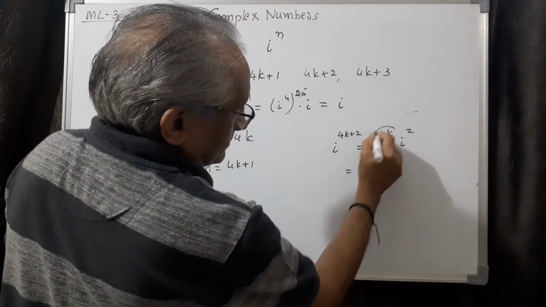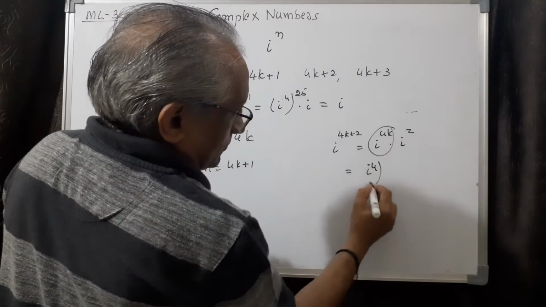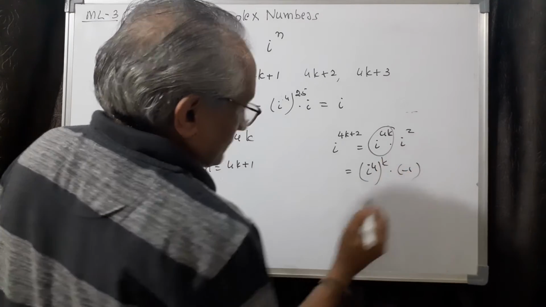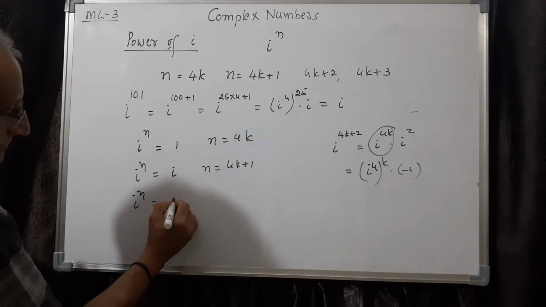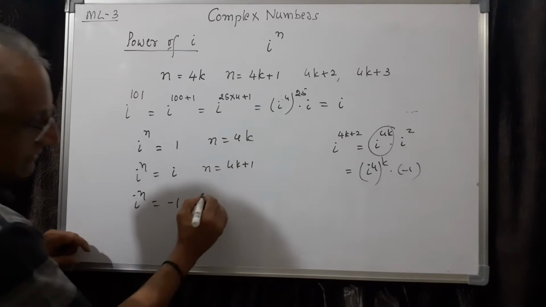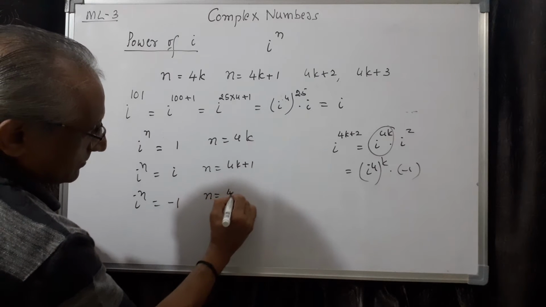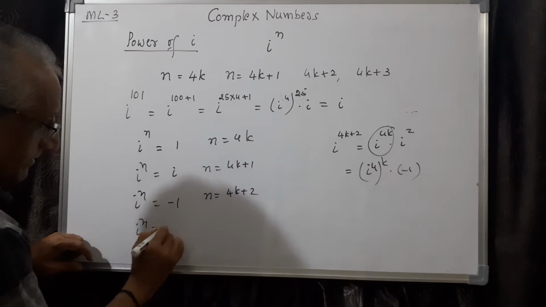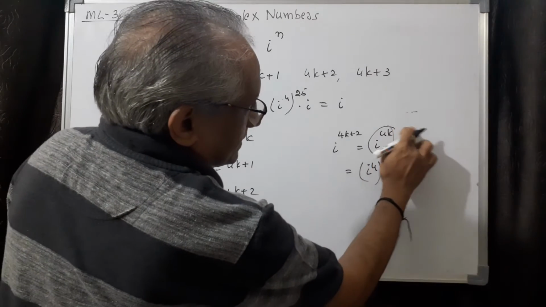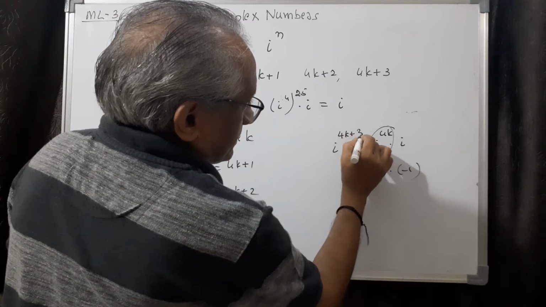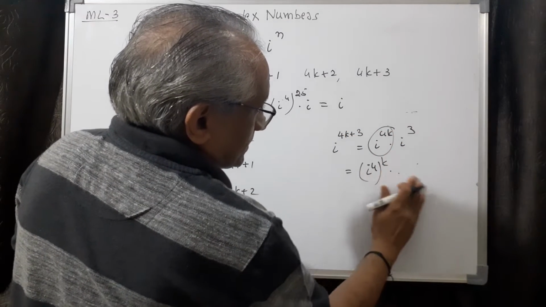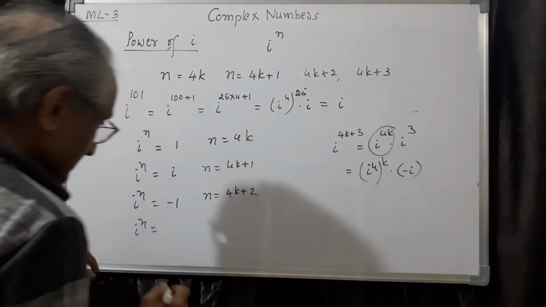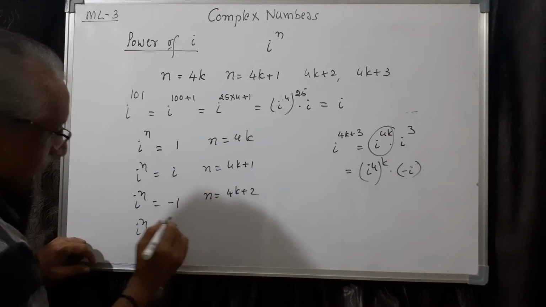So this becomes 1, because i power 4 to the power k is 1, into i square, and i square is minus 1. Therefore this becomes minus 1 whenever n is of the form 4k plus 2. And the last one, if it is 4k plus 3, this becomes i cube, which is minus i. Therefore here we get minus i.